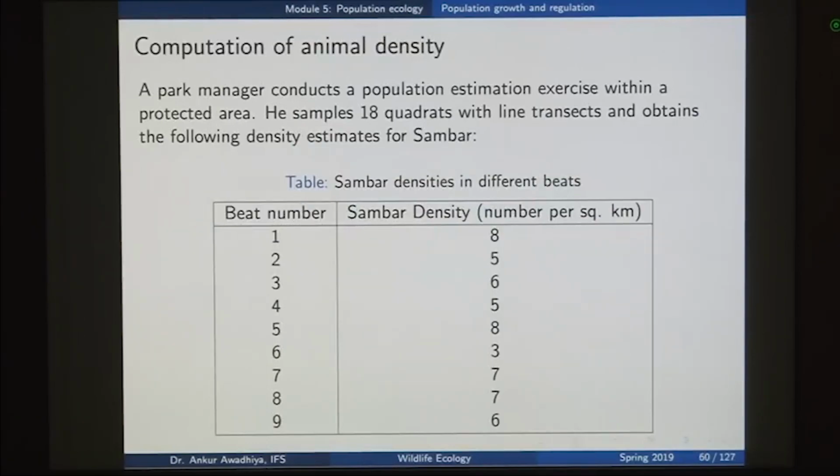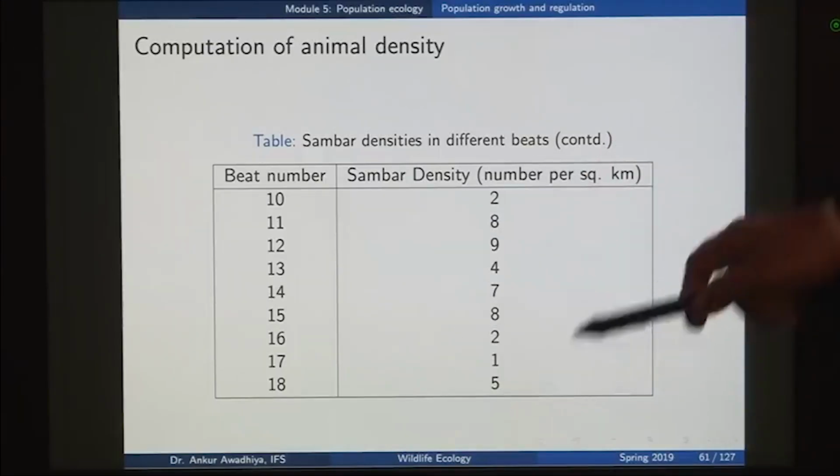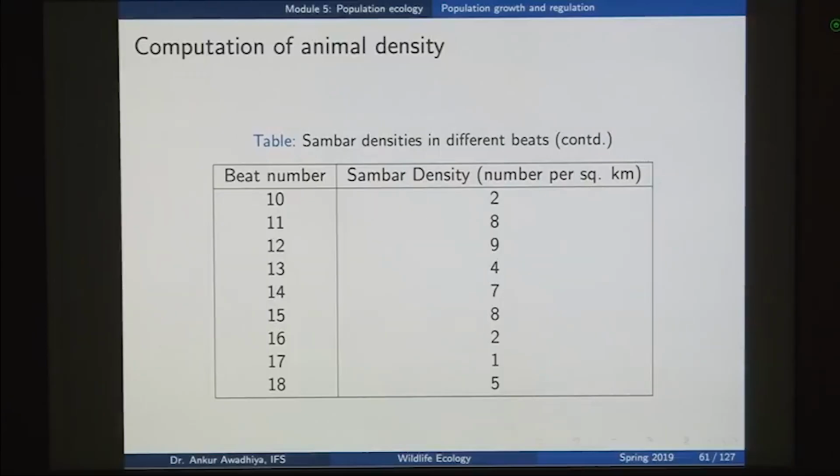A park manager conducts a population estimation exercise within a protected area. He samples 18 quadrates with line transects and obtains the following density estimates for Sambar. So, here you have 18 different transects, 18 different areas, and we will consider that all of these beats have the same area, and the Sambar density in all of these areas is figured out, and the number per square kilometer is given here.